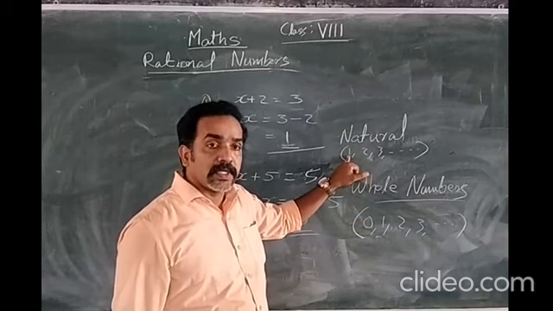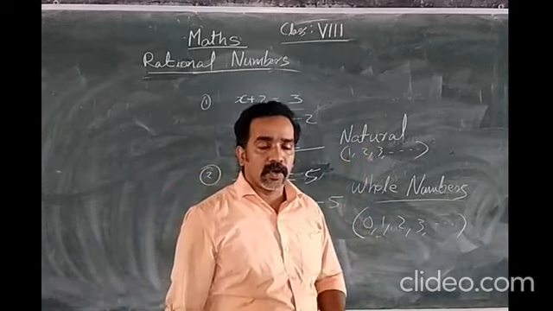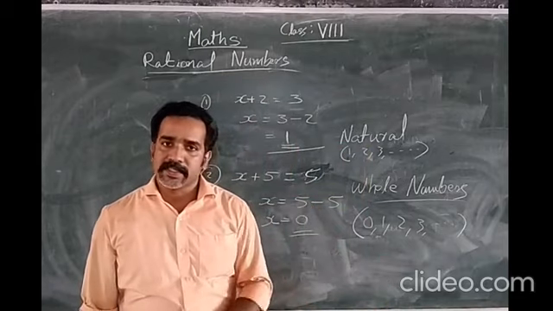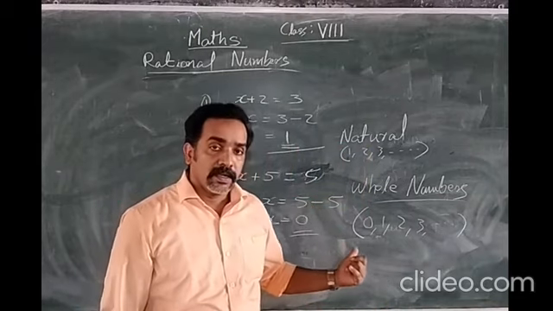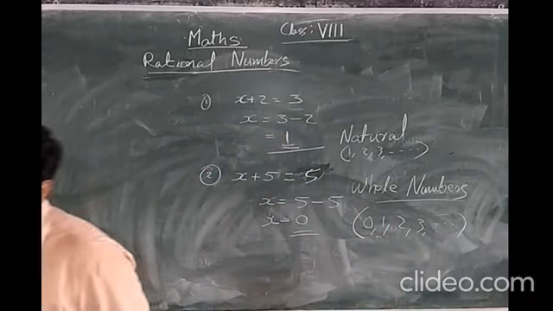The smallest natural number is 1. So along with the natural numbers, if you add 0, then that becomes the set of whole numbers.